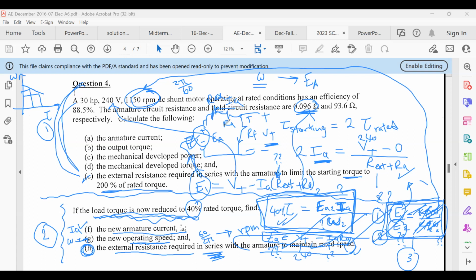So when you put some resistance, it's going to make a kind of electric load. So your speed will be reduced or return to the rated speed, with the same torque, right?